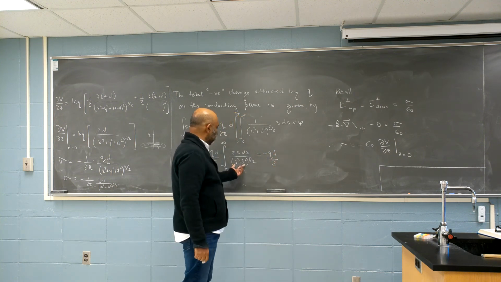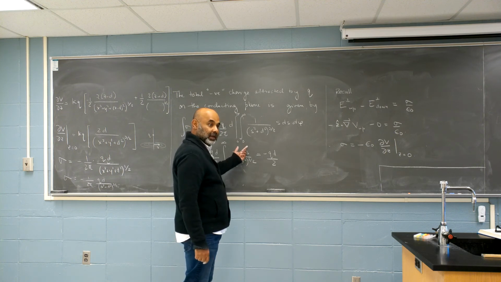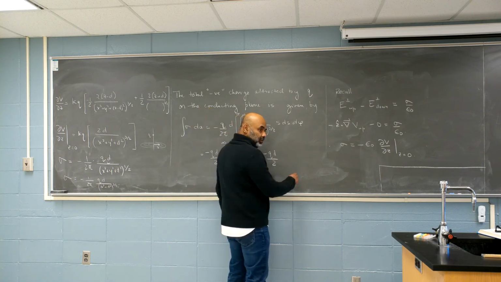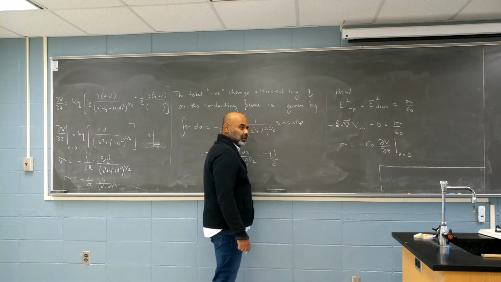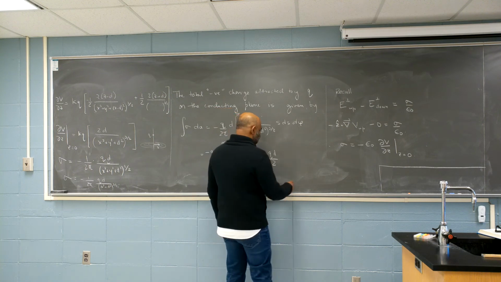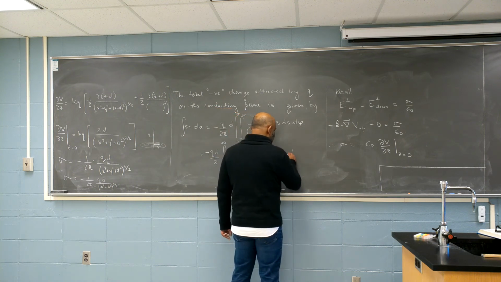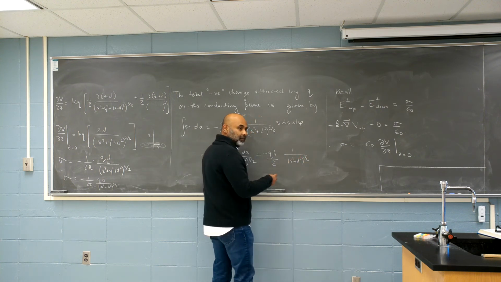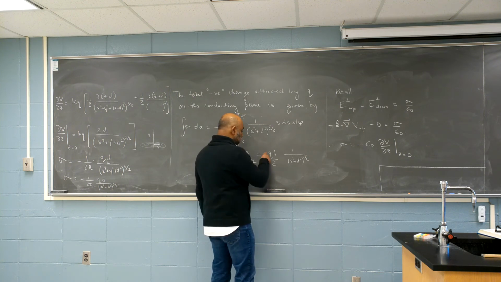This is to the minus 3 halves, right? So the power becomes minus 3 halves plus 1, negative 1/2. So then I would get 1 over s squared plus d squared to the 1/2, divided by negative 1/2.